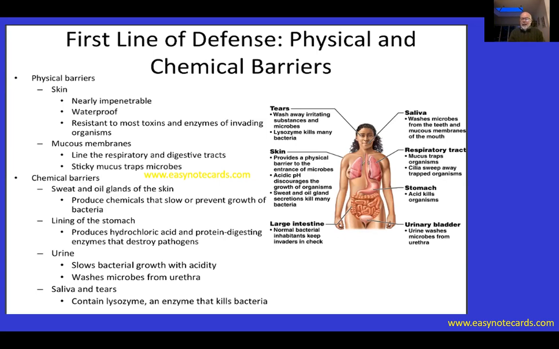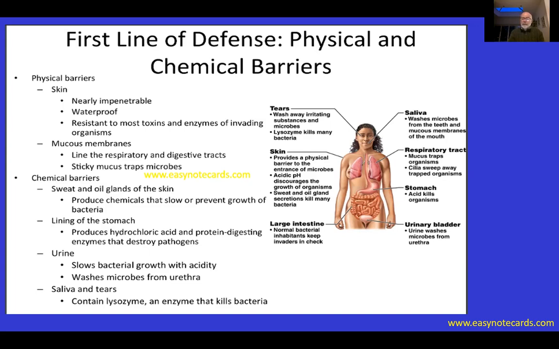We also have mucous membranes that act as physical barriers, lining the respiratory and digestive tracts, and sticky mucus in both of these, not forgetting also the reproductive system as well.